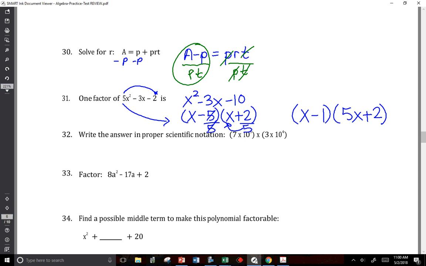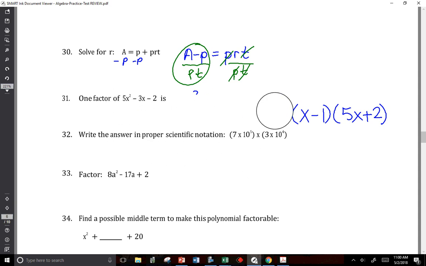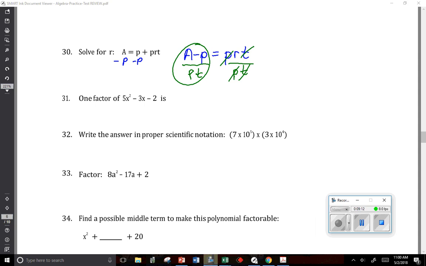If we were to do this on our graphing calculator instead, I didn't get that answer. You got to do the parentheses just like it is and everything. Oh, I put the exponents outside. Oh, yeah, that makes sense.